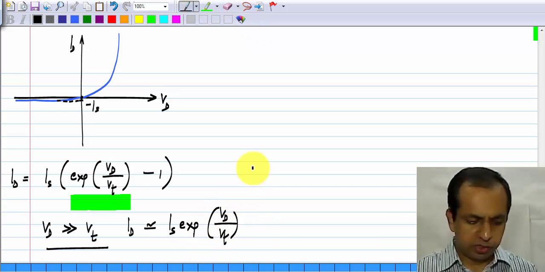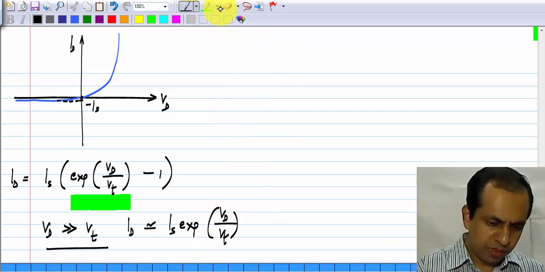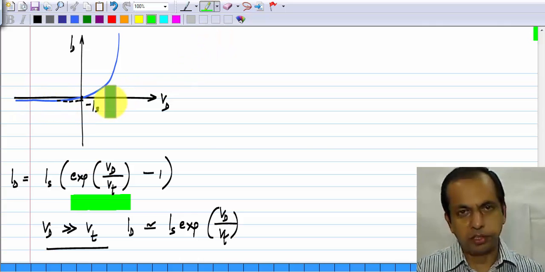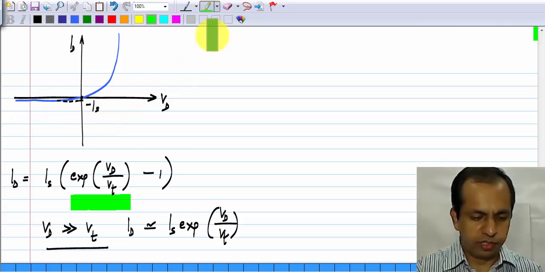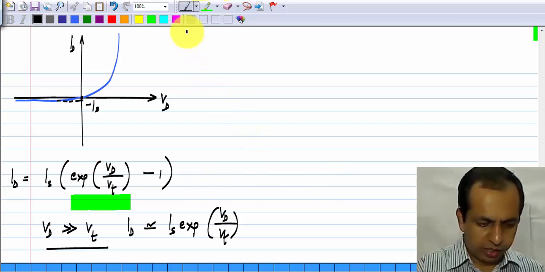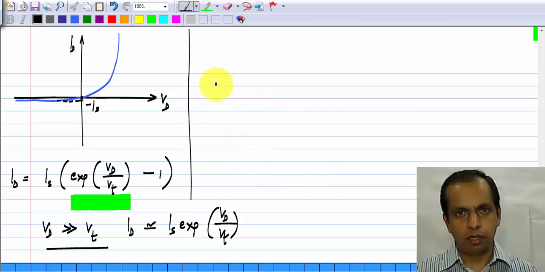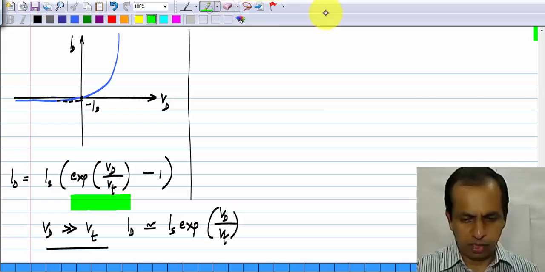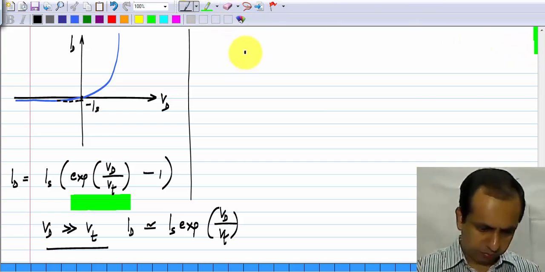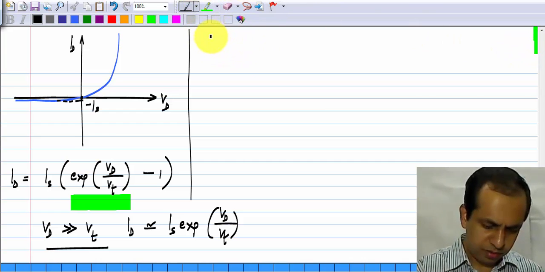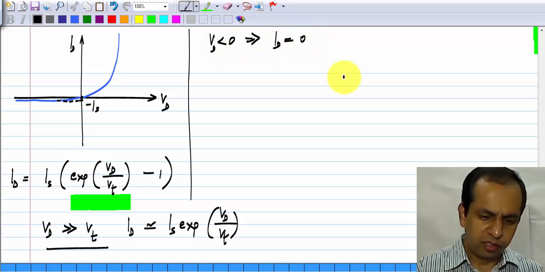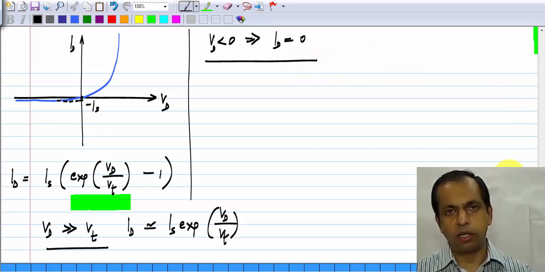Another approximation frequently used is that because the reverse bias current is so small, this value of Is is quite small, and again when I say small, it is compared to currents you normally see in forward bias. Then you assume that there is no current flowing through the diode in reverse bias.